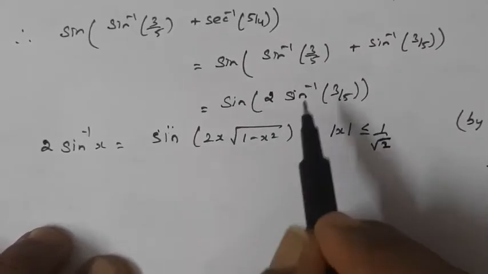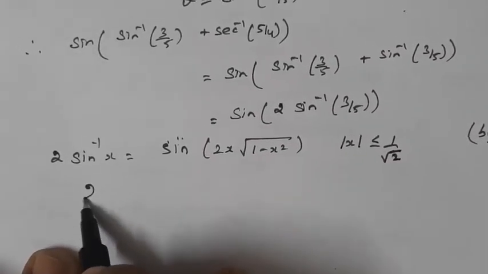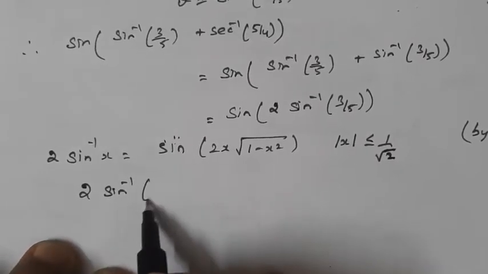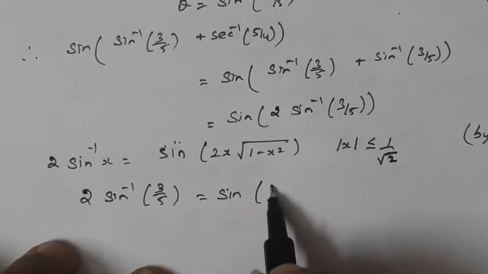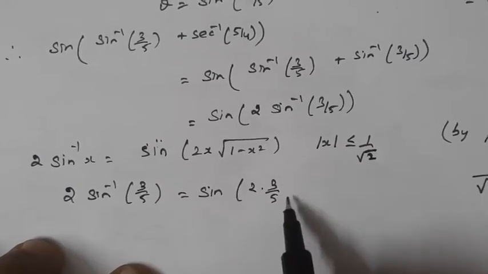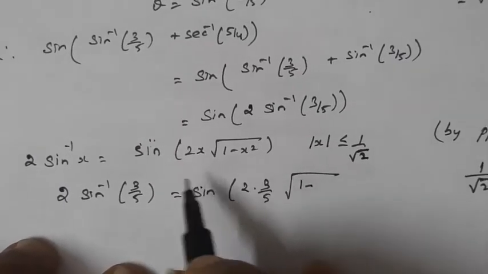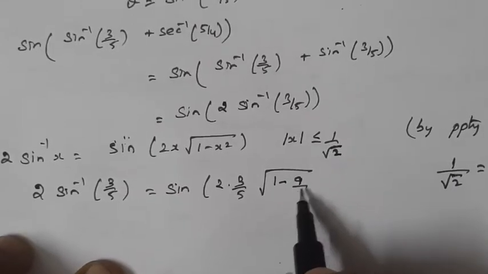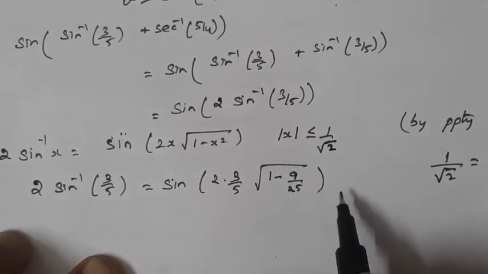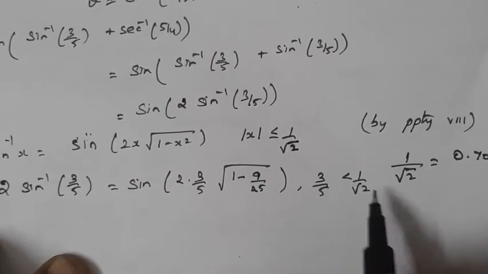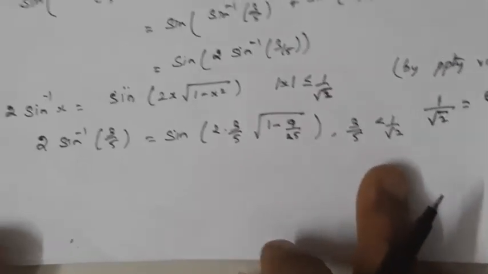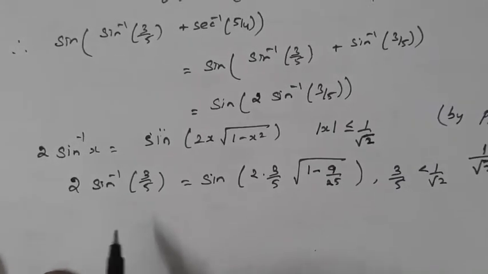So 2 sine inverse of 3 by 5 is equal to sine inverse of 2 into 3 by 5 into root of 1 minus x squared, that is 9 by 25, where 3 by 5 is less than 1 by root 2. As it is less than 1 by root 2, we can apply this.